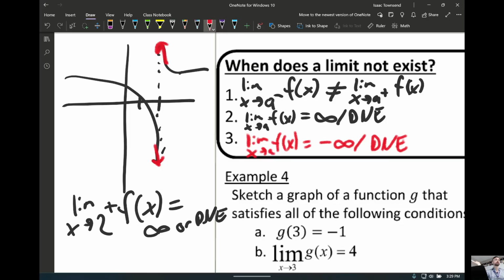Free response, both answers are correct, but I would recommend you say does not exist. Because if you accidentally said negative infinity and the answer was positive infinity, all of a sudden it's wrong. If you say does not exist, that's a vaguer, also correct answer. So that's the other ways that we could have limits that don't exist. But the main one is this one. The limit from the left doesn't equal the limit from the right. That's the one that we talked about a lot yesterday.